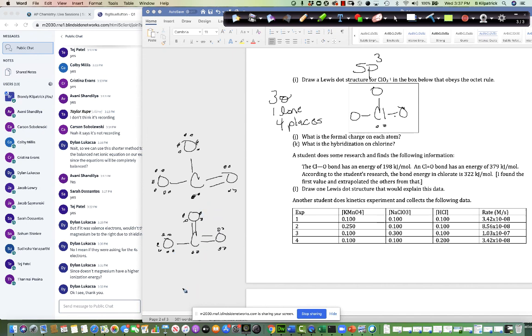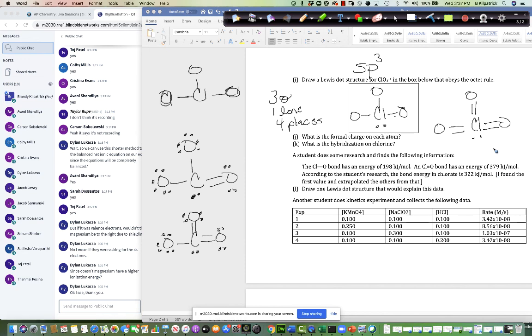Should still be 26 altogether. So it could be this, or it could be this, and then the double bonds, of course, could be moved around. What you could not have had is single bonds, because if they were all single bonds, then it would be 198. That would be the answer for the bond energy. If they were all double bonds, like this, which this would not happen, by the way, then it would be 379.